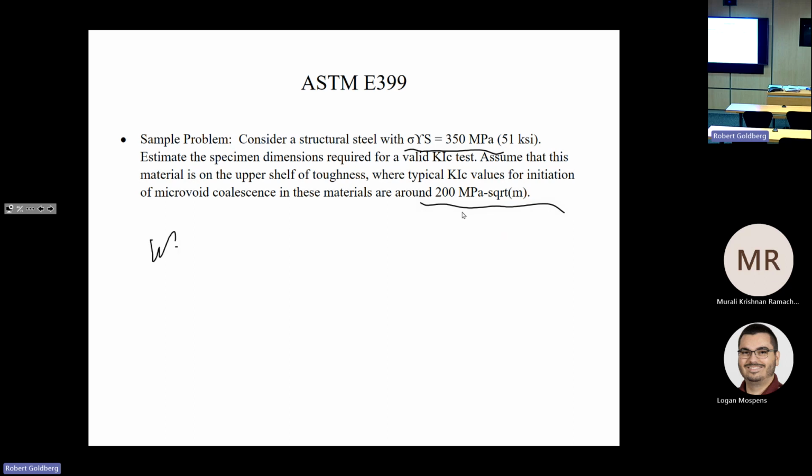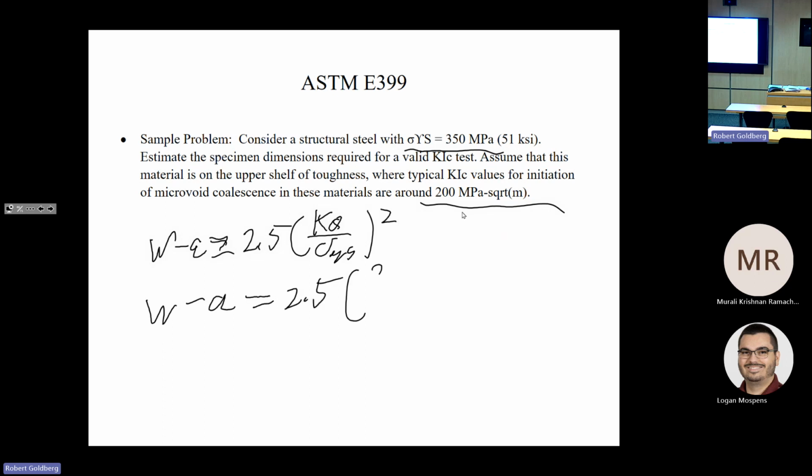So W minus A is greater than or equal to 2.5 times your KQ divided by your yield stress, squared. For this case, it's equal to 2.5 times 200 divided by 350 squared, which is equal to 0.816 meters, which obviously you're not going to do a test with that.